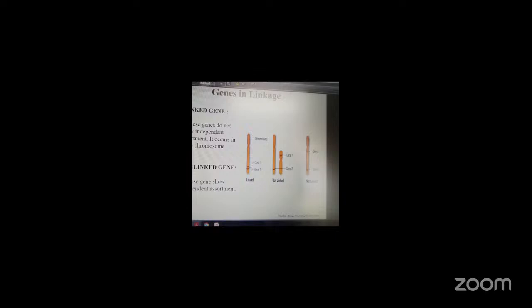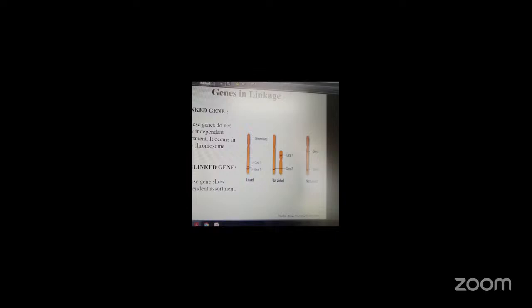On the basis of genes involved, depending on whether all the dominant or all the recessive alleles are located together, linkage can be categorized into two types: coupling and repulsion phases.